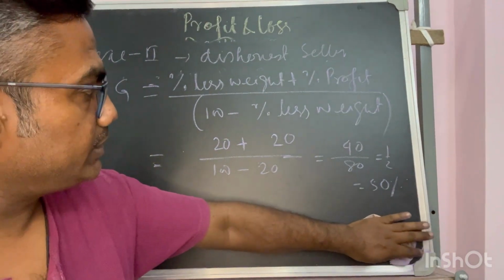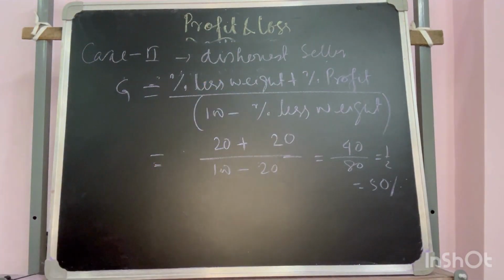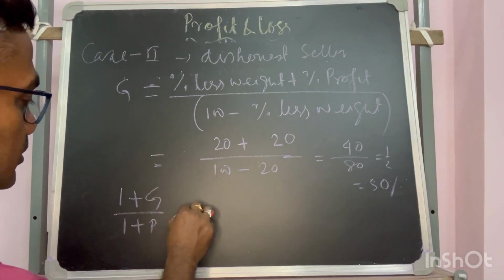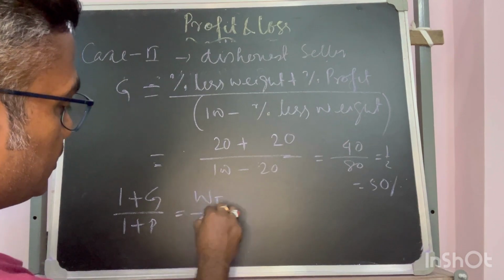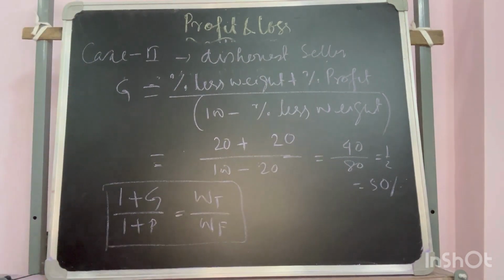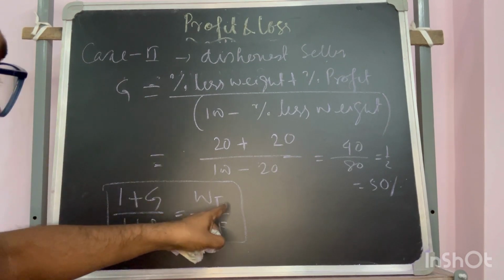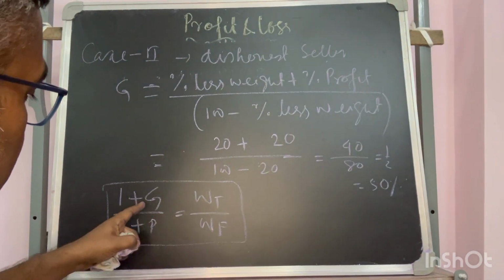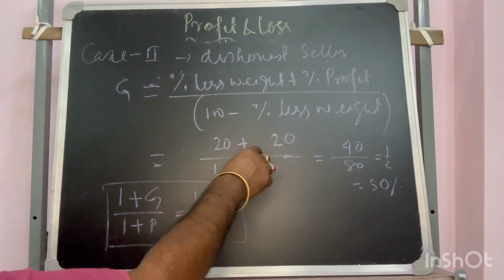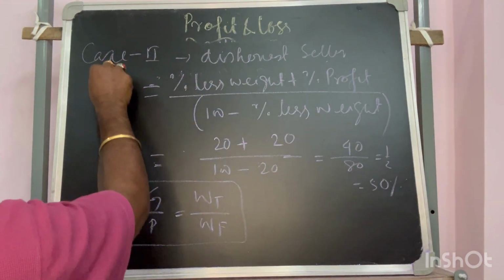This will be easier, because otherwise there is 1 plus G, 1 plus P, that will be the weight. This also can be used when the information is such that true weight and false weight are given, G or P, anything is given, the other you can calculate. This is another form of calculating.